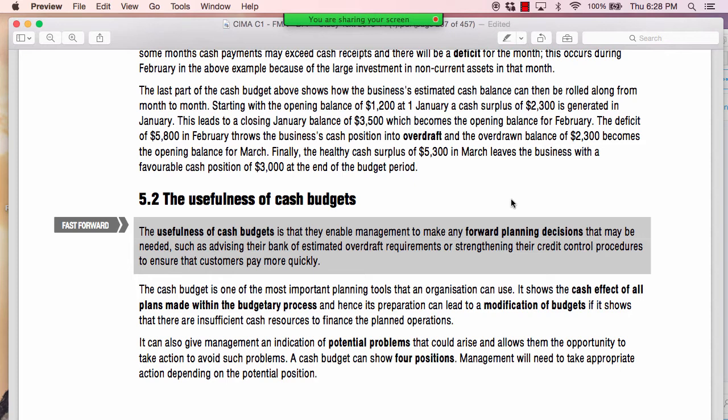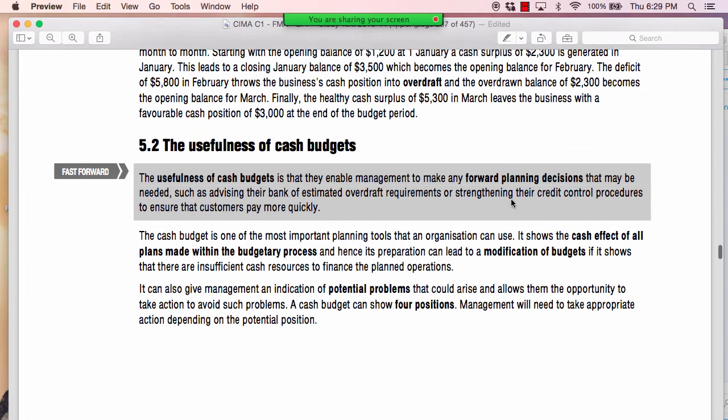Or I could look at strengthening my credit control procedure. That means instead of just allowing people to pay me when and if they want, I'm going to tell my customers, right now you have 20 days or 30 days to make payments. You have to abide by this rule, right? It is a must. Or I could also say, I need an advance before I start any work. That's another tactic to use, right?